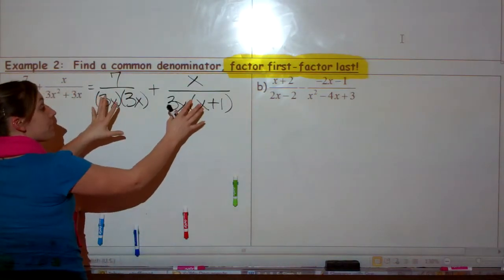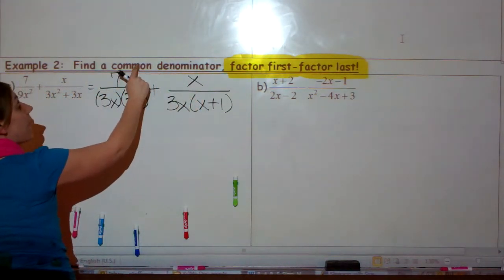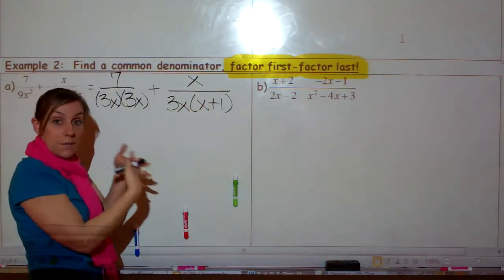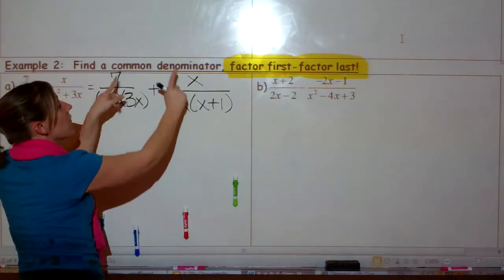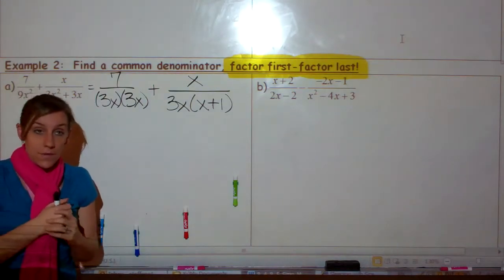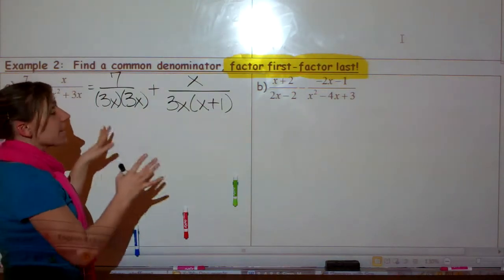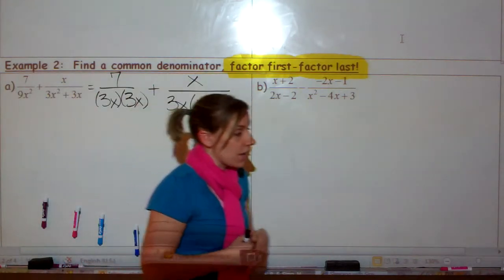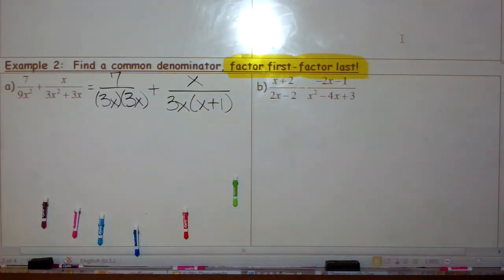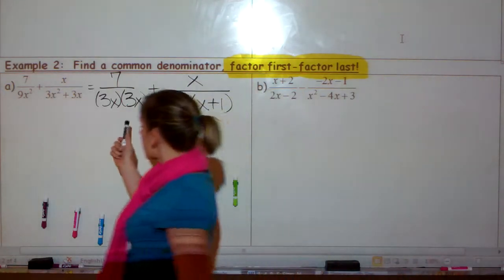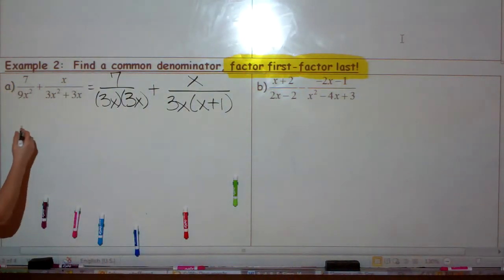So now we have to get them to match. They need to be common in order for us to combine them. Adding and subtracting, we always have to have that common denominator. So when we do that, we ask ourselves, what is missing? Let me set up each one.